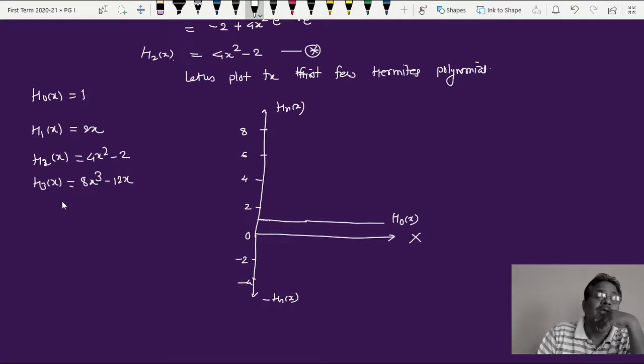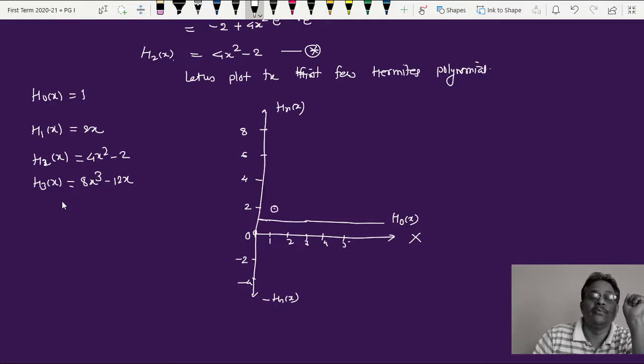Then here h1 of x, whatever x, h1 of x is double of that. So when I take x to be 0, h1 of x is also 0. But when I take x to be equal to 1, suppose this is 1, 2, 3, 4, 5 and so on, I'll get twice x, so this point will be obtained here.